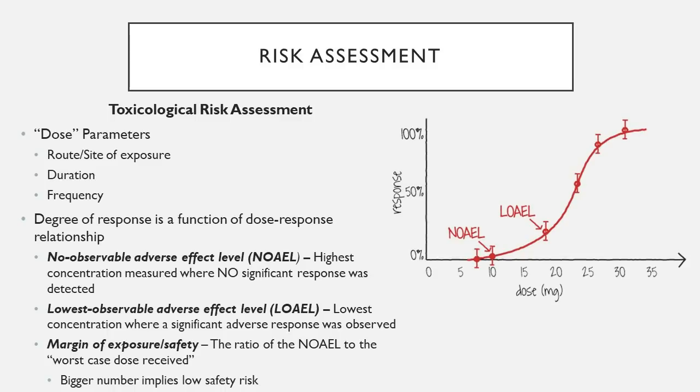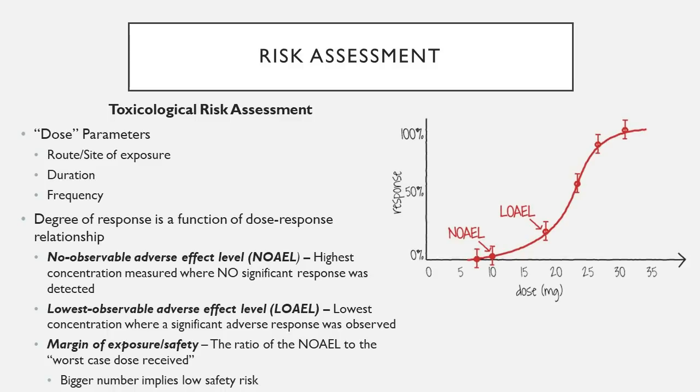Now, there's three things commonly reported from these dose-response relationships. The first is the no observable adverse effect level, which is the highest concentration that was tested where no significant response was detected. The next one is the lowest observable adverse effect level, and as the name implies, it's the lowest concentration that was tested where a significant adverse response was observed. So the lowest is above the no observable adverse effect level.